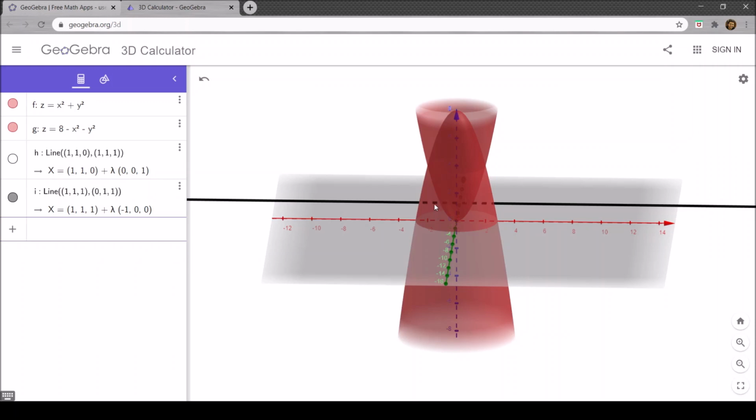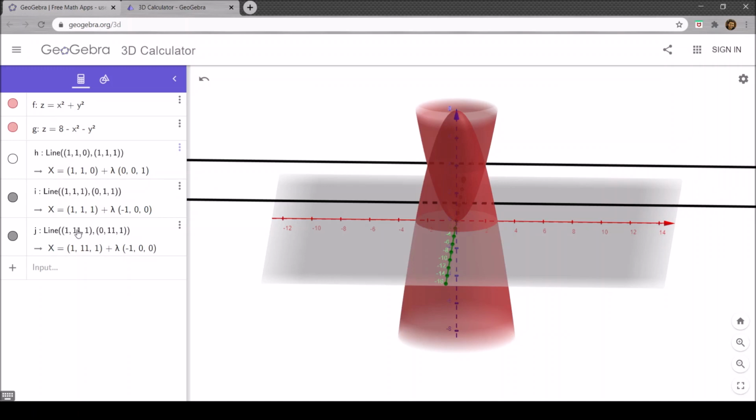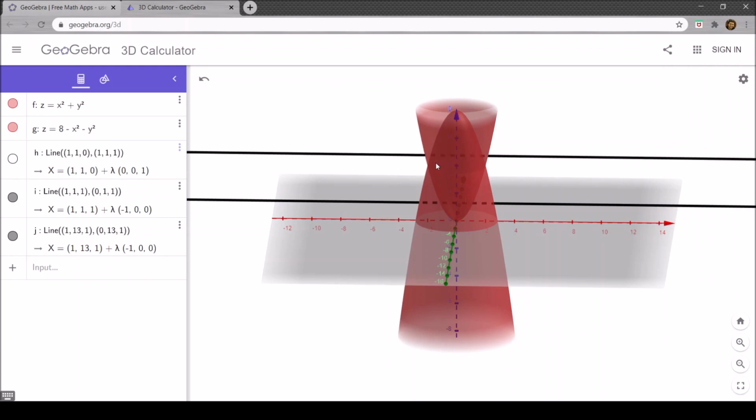So it is entering from here, as you can see, from the upward paraboloid, and it is coming out from the upward paraboloid only. Whereas if I take the line as 1 1, so that you can have a proper distinction, yes, if I draw this line, it is entering from the inverted paraboloid, leaving from the inverted paraboloid. If you want more clarity, you can take 1 3 also. As you can see, it is entering from the inverted paraboloid, leaving from the inverted paraboloid.